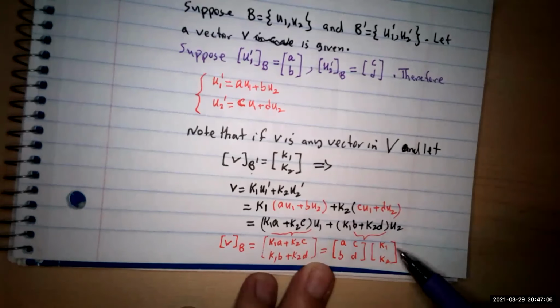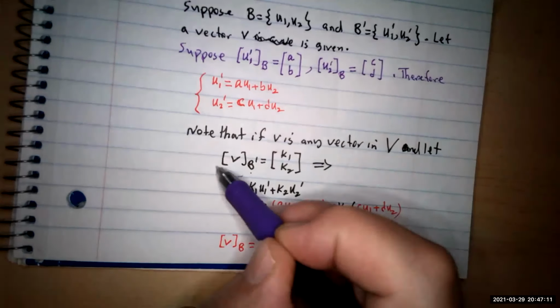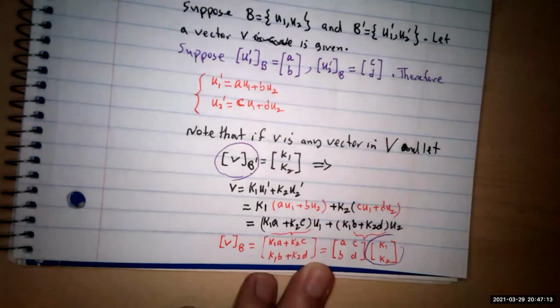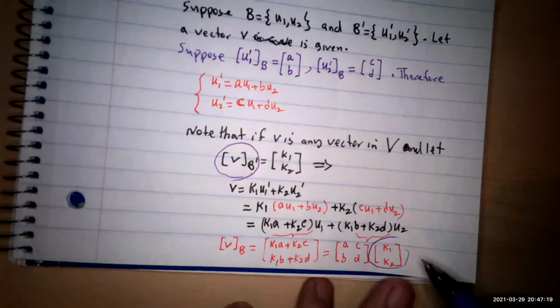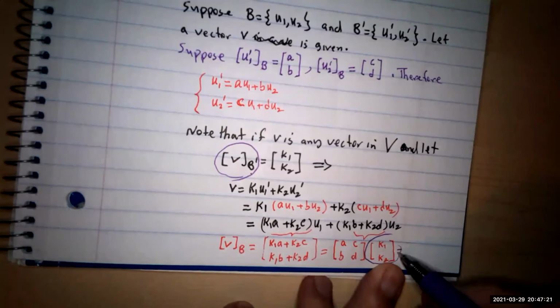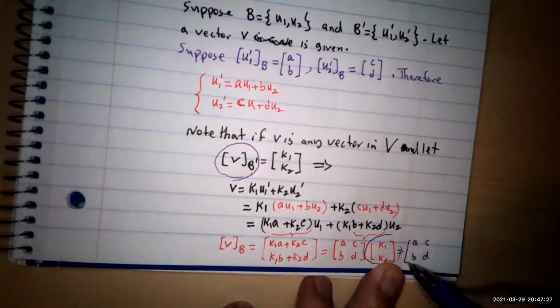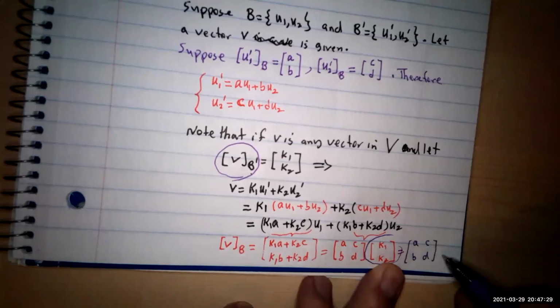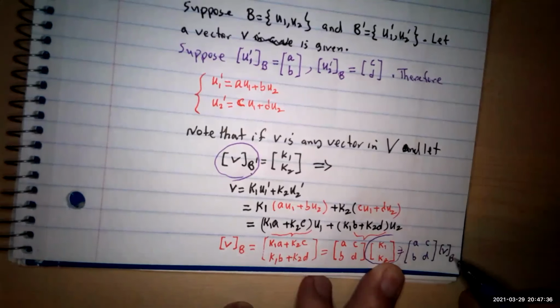You see this k1, k2 is just the coordinate vector of v with respect to B prime. So that gives you a, c, b, d times the coordinate vector of v with respect to B prime.